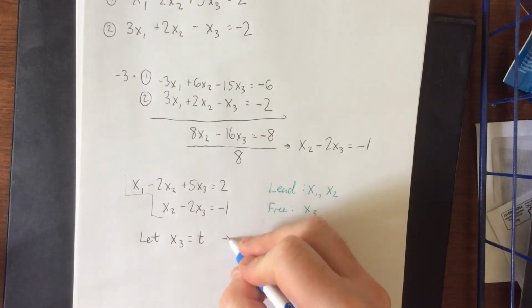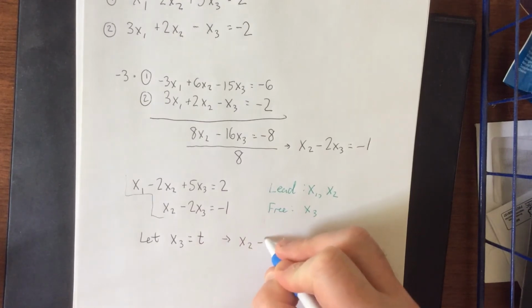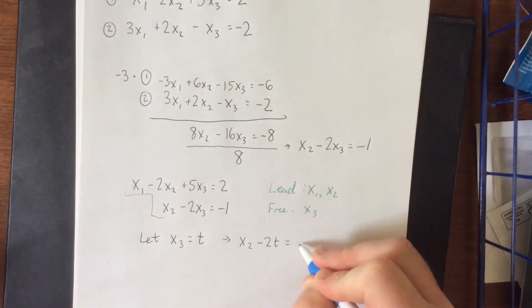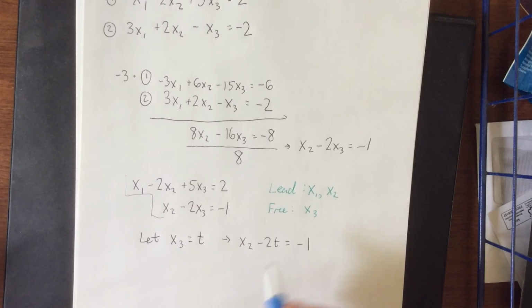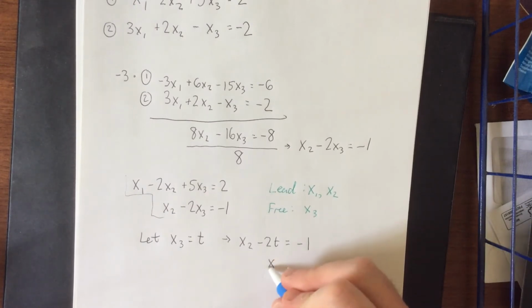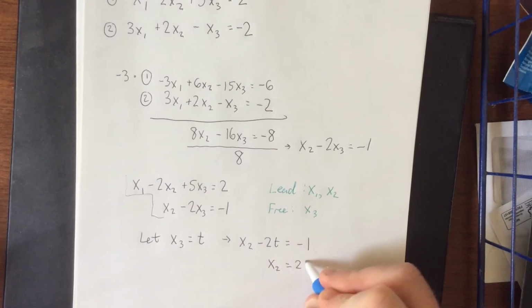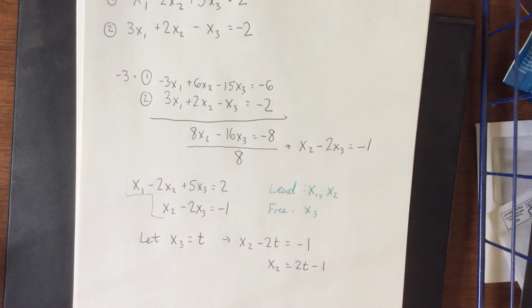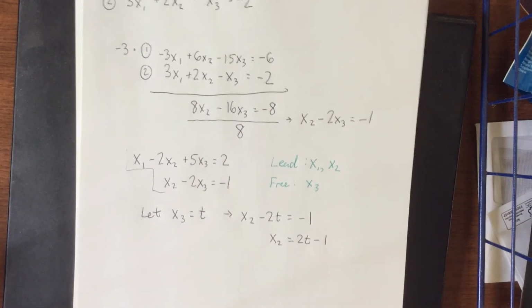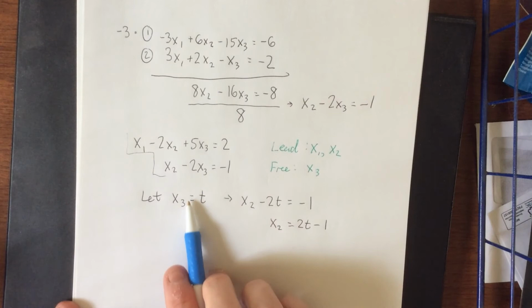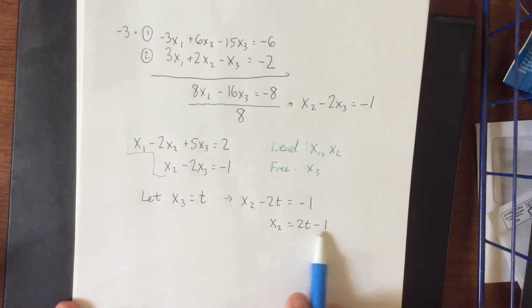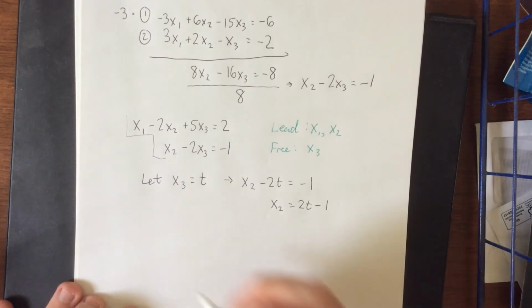From the second equation, this means that x2 minus 2t is equal to negative 1. We can now solve for x2 in terms of our parameter. x2, therefore, will be equal to 2t minus 1. Now we can take both x3 is equal to t and x2 is equal to 2t minus 1 and plug those into the first equation in an attempt to solve for x1.